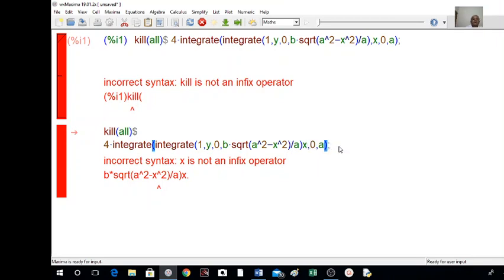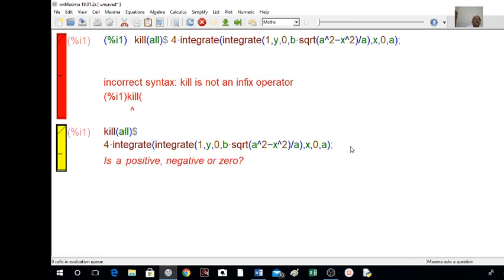Okay, I think it is correct now. Execute. Incorrect. X is not an infix operator. Where is x? Okay, here I have to give one comma. I'm sorry. Is a positive, negative, or 0? We'll give positive. Again execute. I am getting this is equal to pi ab.